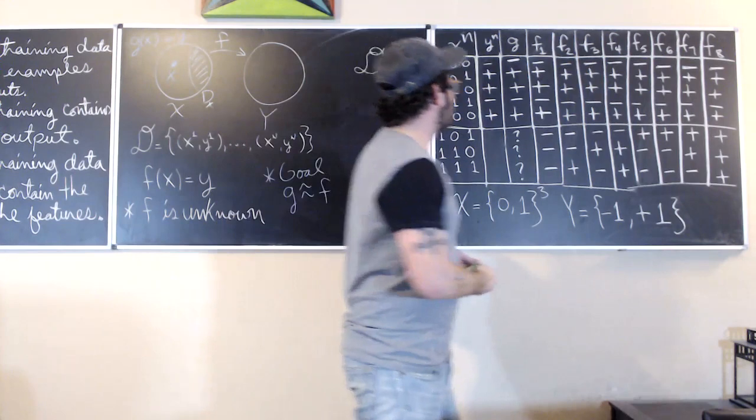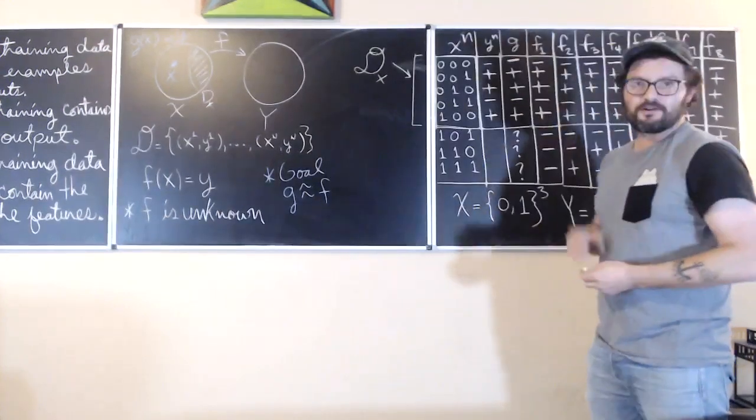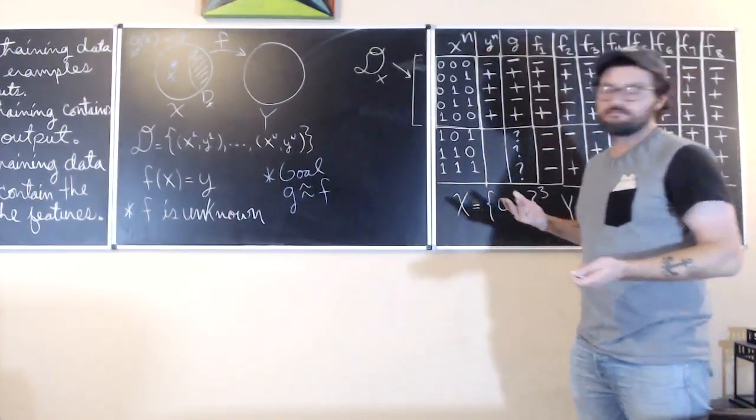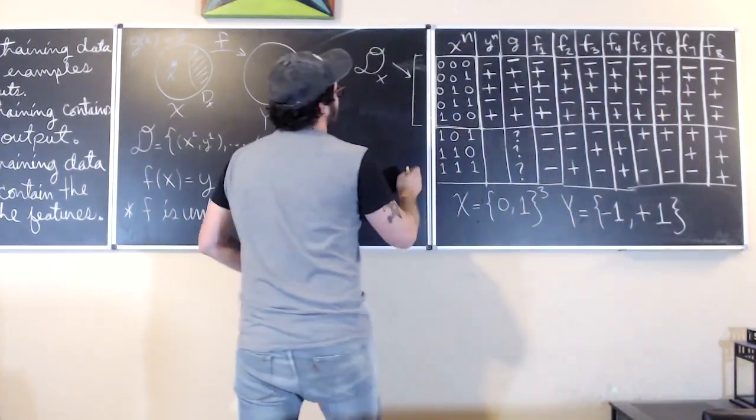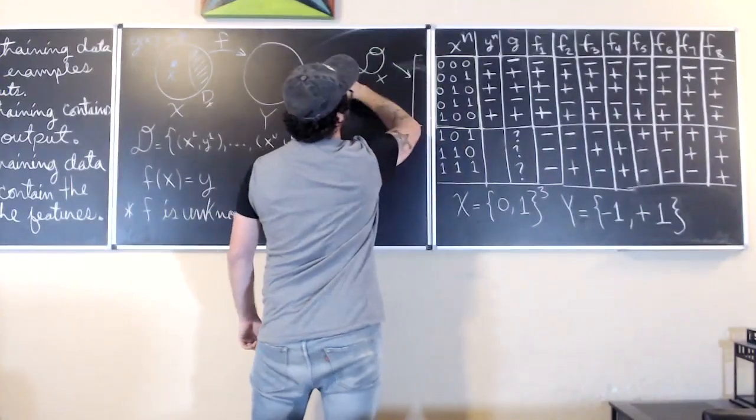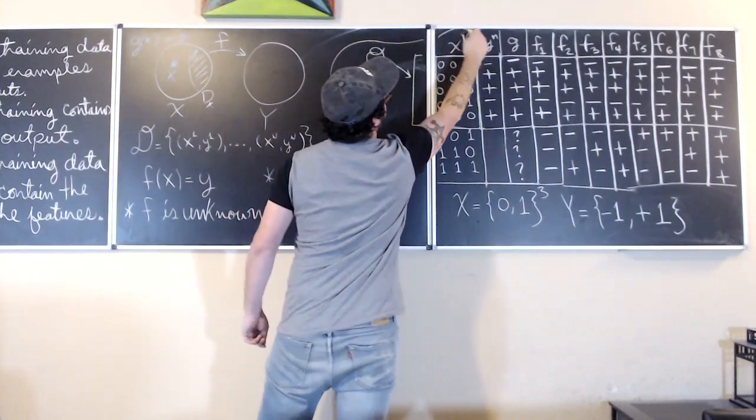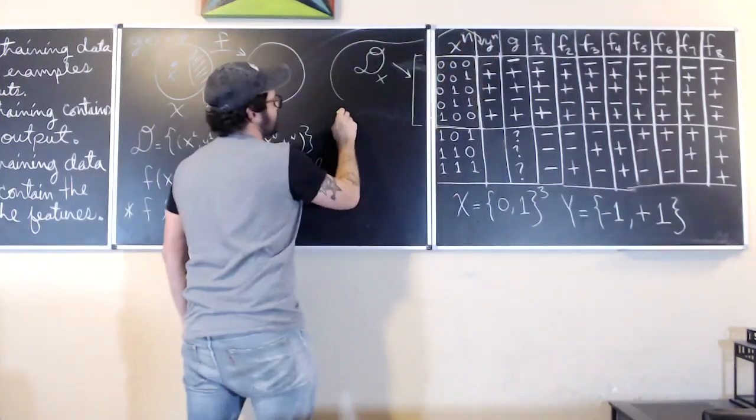In the labels, this is the supervised learning task. This column right here, these are our labels.